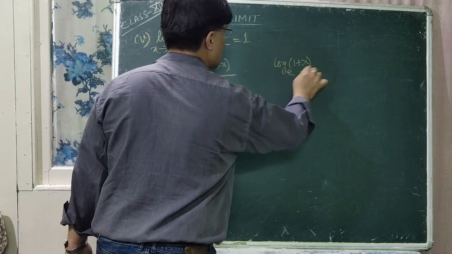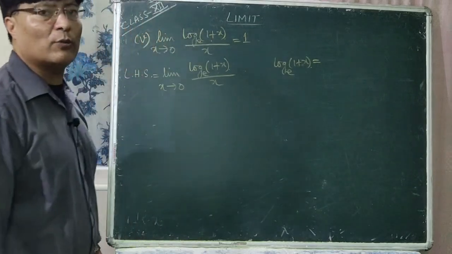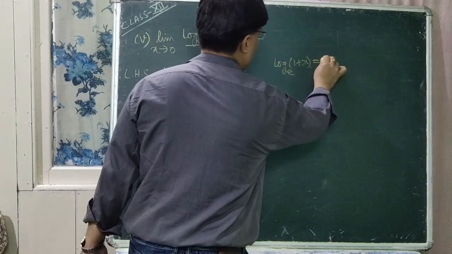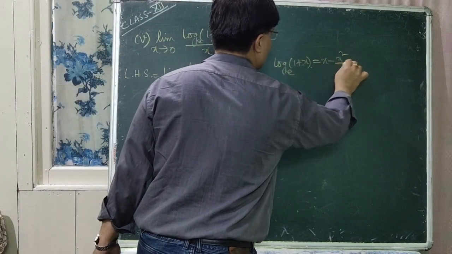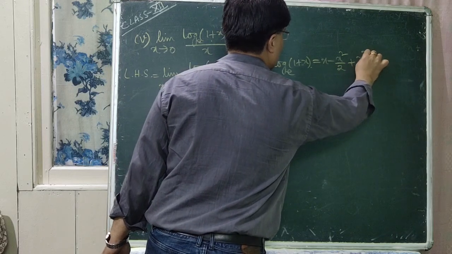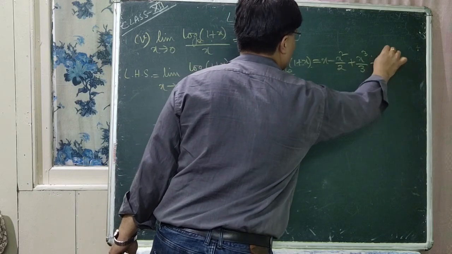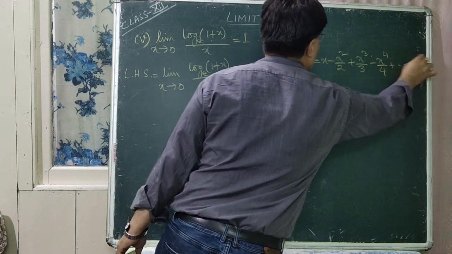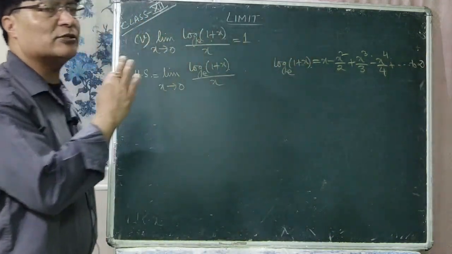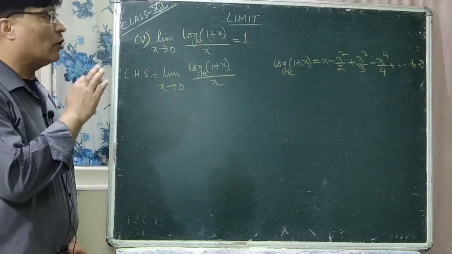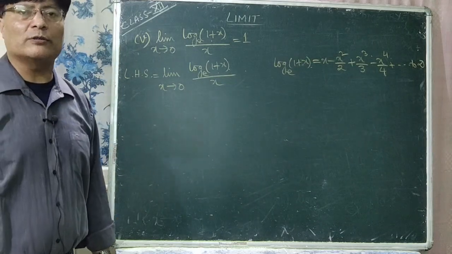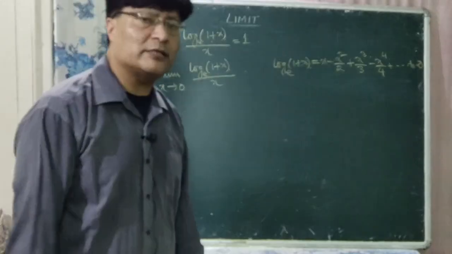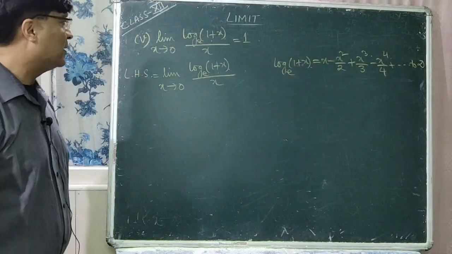Log of 1 plus x base e is equal to, its formula will be x minus x square by 2 plus x cube by 3 minus x to the power 4 by 4 plus dot dot dot, it goes up to infinity. That means it is also an infinite series. This is known as the logarithmic series.